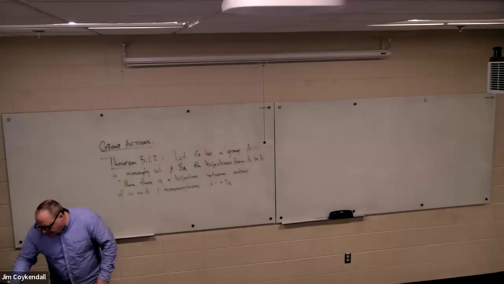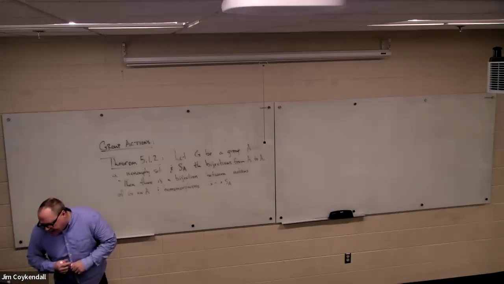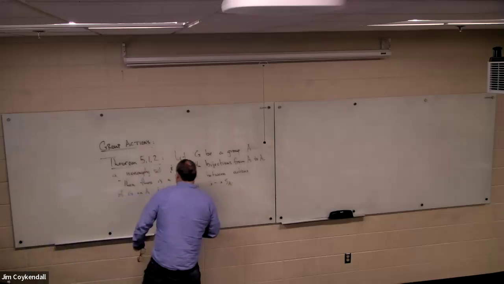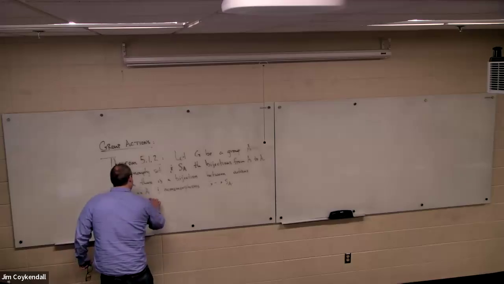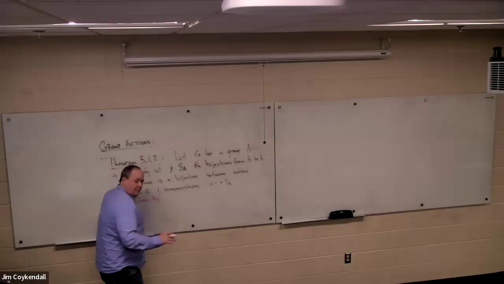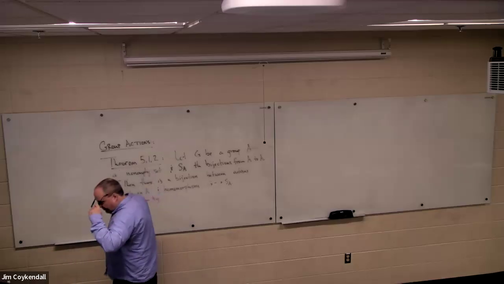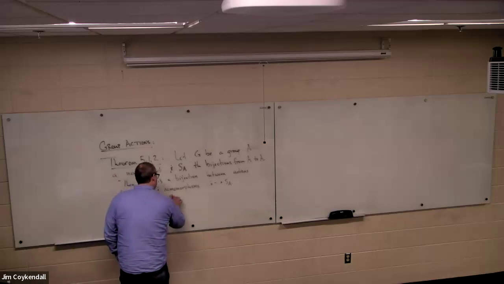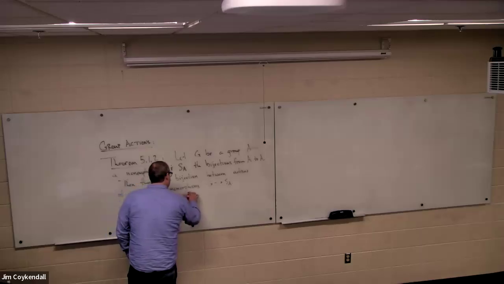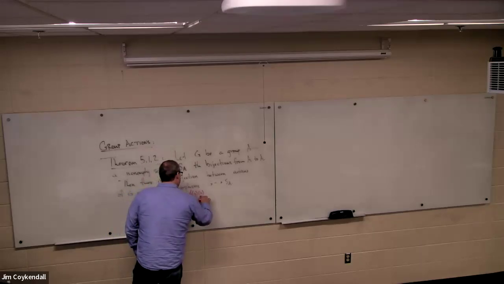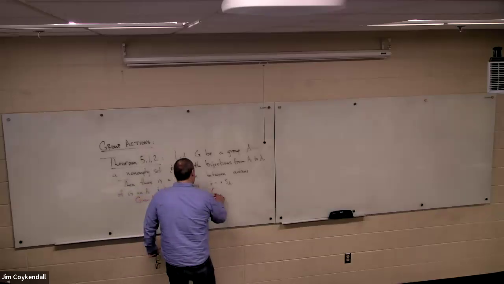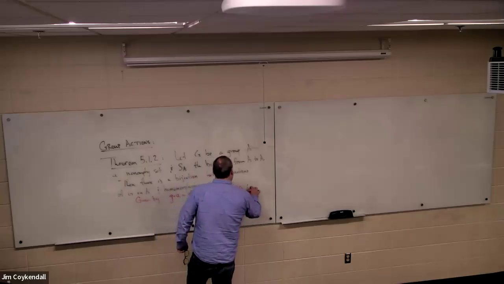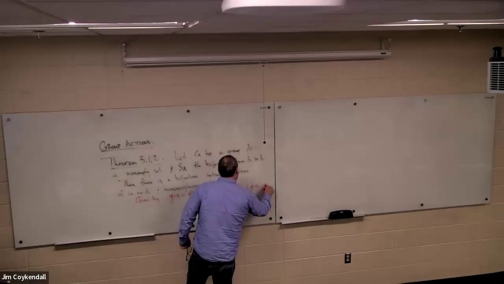And the way that this is given is, if the dot is an action, then g dot a is phi of g of a, where here a is in A, g is in G, and phi goes from G into S_A.